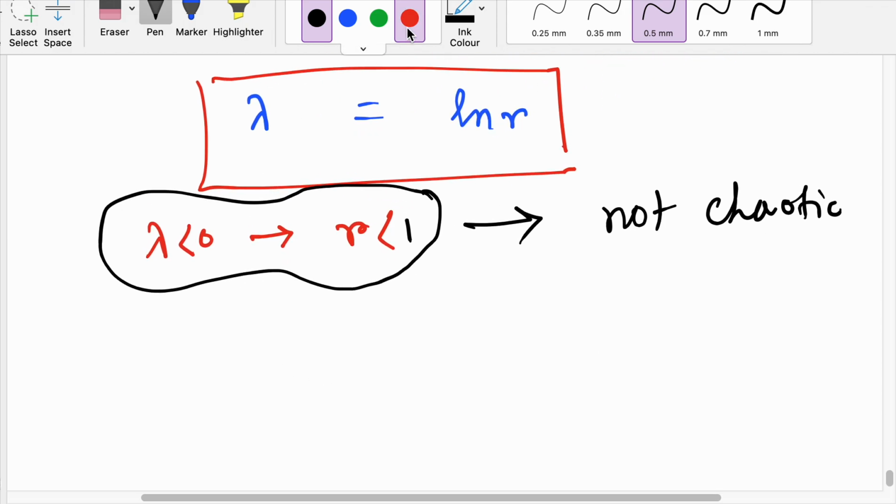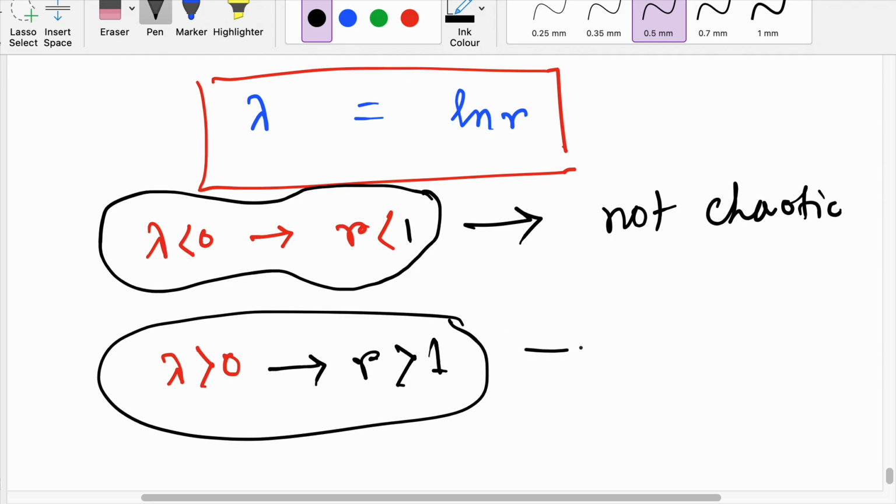And if lambda is greater than 0, that means r should be greater than 1, then it is chaotic. So that's it.